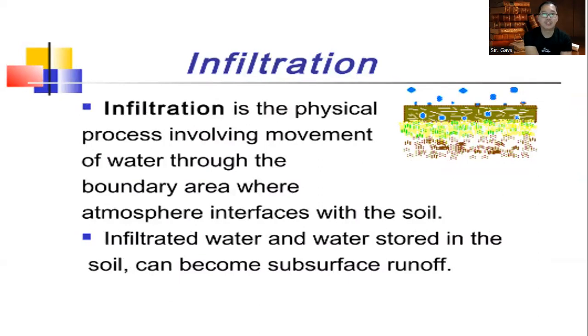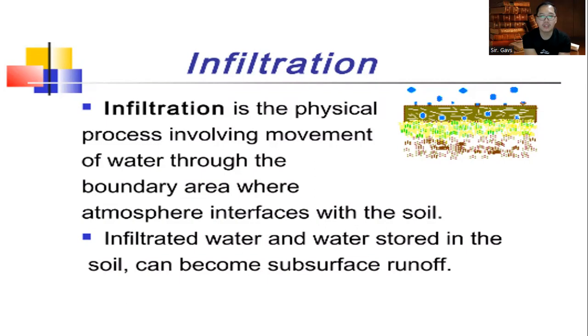Next, we have infiltration, the physical process involving movement of water through the boundary area where the atmosphere interfaces with soil. So when the atmosphere interfaces with the soil, the water from the atmosphere that goes into the soil is called infiltration.